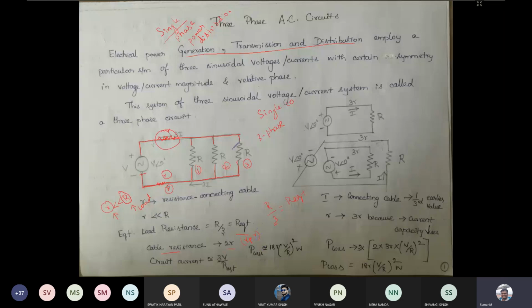Now we calculate the current flowing in this circuit. Since r is very much lesser than capital R, we will remove it for finding the current.